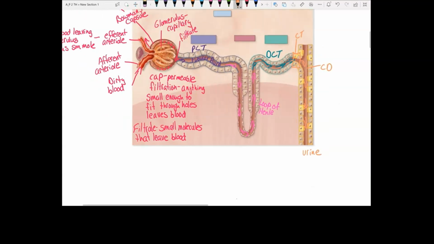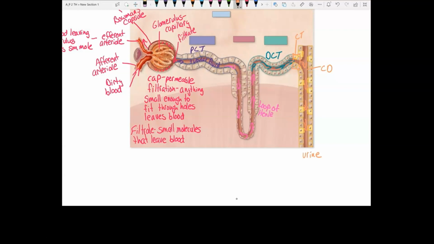So you start off, you have filtrate, the small molecules you remove from the blood. That filtrate flows through the rest of the nephron, the proximal convoluted tubule, the loop of Henle, the distal convoluted tubule, collecting duct.